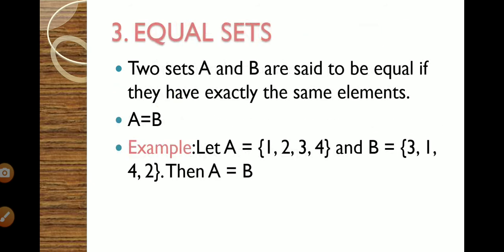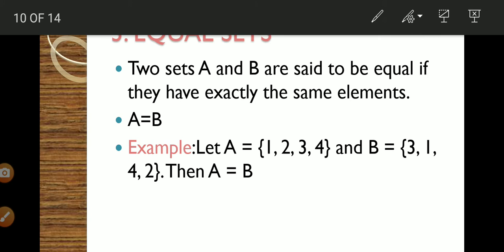Next is the equal set. If two sets A and B are given, they are said to be equal if they have exactly the same elements. If the elements in set A are the same as in set B, we call it an equal set. A set does not change if one or more elements are repeated.